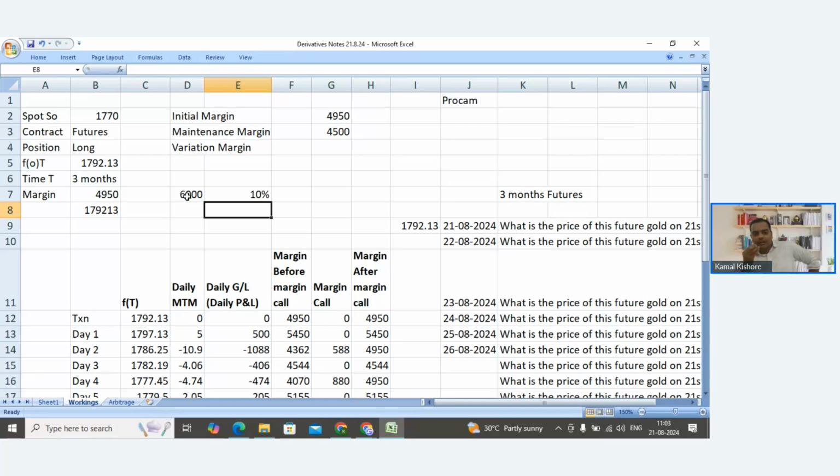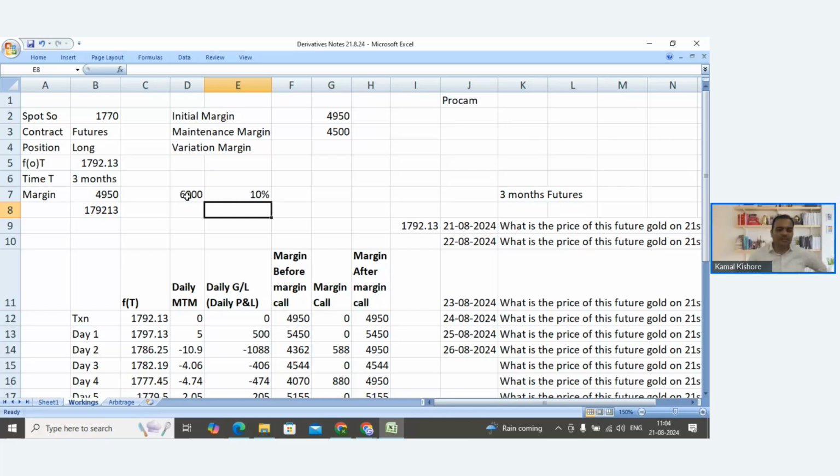And interest rate by default is on a per annum basis. Any percentage by default is on a per annum basis, unless mentioned otherwise. Any percentage, inflation percentage, margin, commission, everything is on a per annum basis, unless mentioned otherwise. 10% is for 1 year, for 3 months, how much?